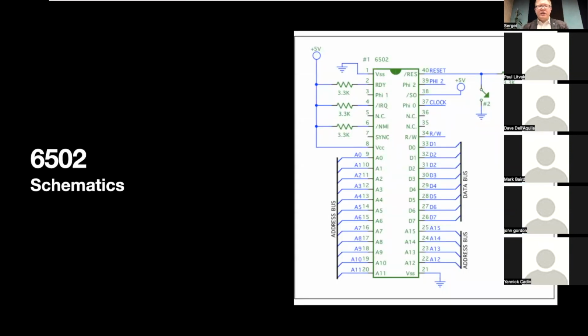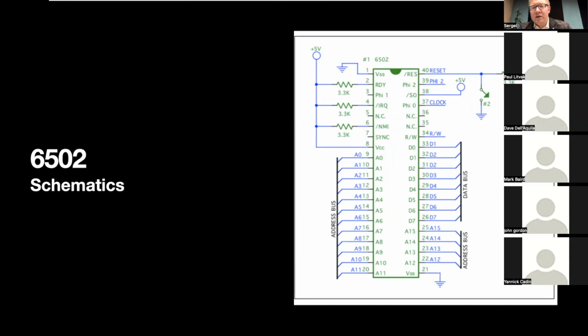Okay, here you can see the 6502 schematics. It's the electrical scheme of how it should be connected, and you see the same address bus and data bus, and the control bus is presented by signals like ready, interrupt request, non-maskable interrupt, NMI, for example, and also reset that is connected to a reset button, and read and write.